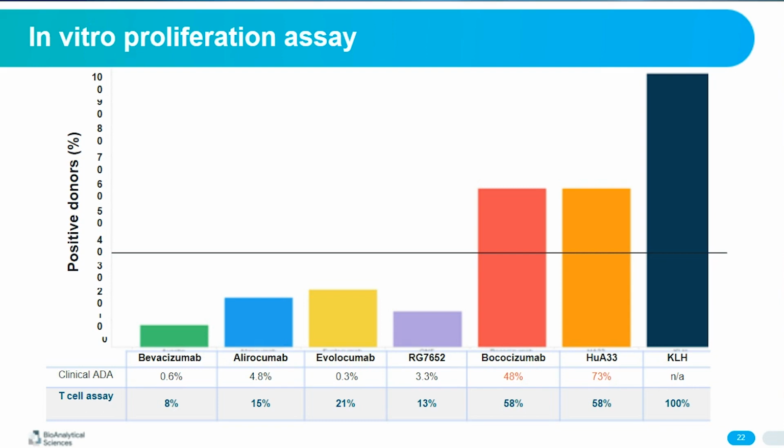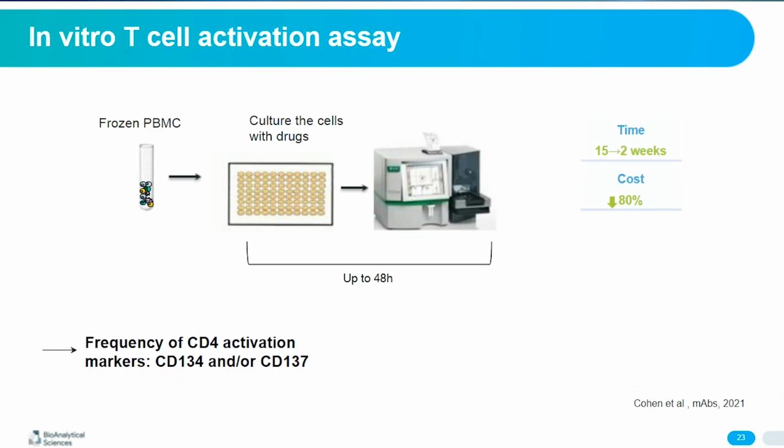All of our low immunogenic biotherapeutics had a lower percentage of positive donors, ranging here from 0 to about 21%, while our highly immunogenic biotherapeutics had about 58% positive donors. While a readout of T-cell proliferation to assess immunogenicity risk of biotherapeutics was very helpful, and as you can see, we found good correlation between predicted and the clinical ADA.